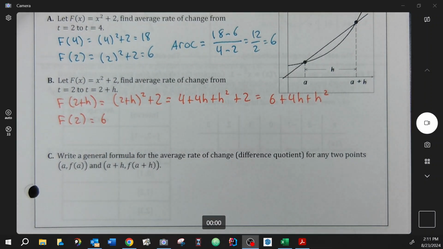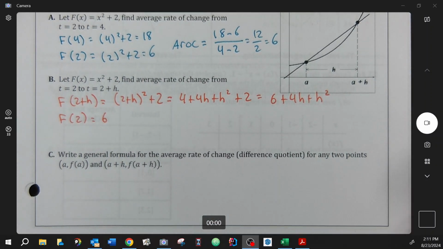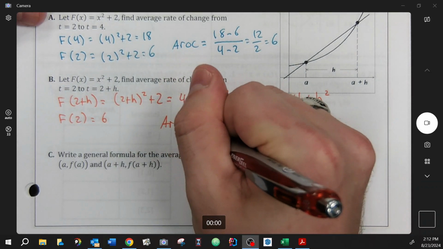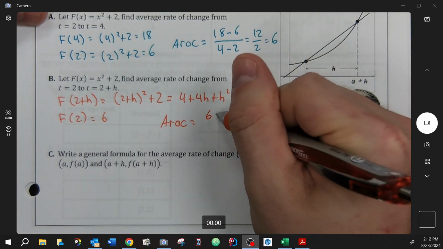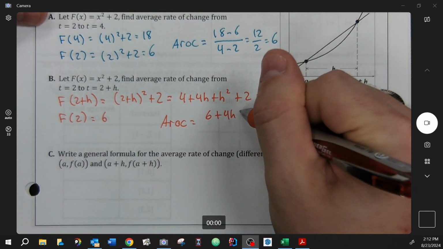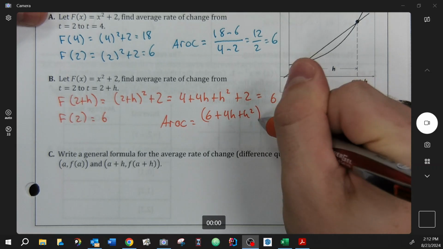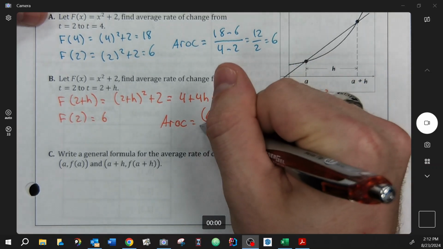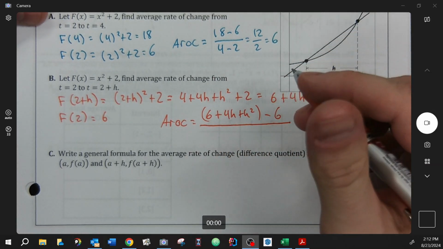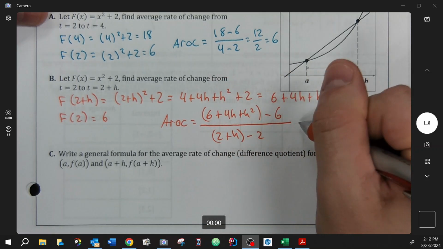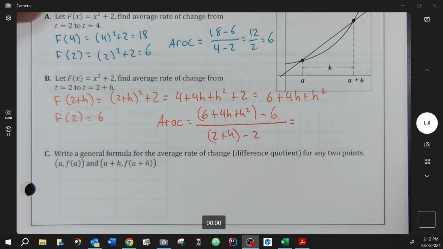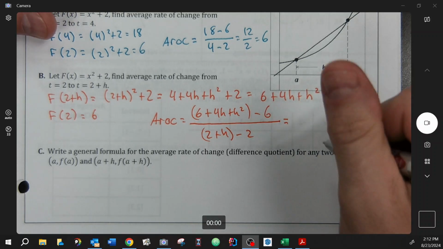Let's find our average rate of change now between a known x value and a generic bigger x value. y2 minus y1 over x2 minus x1. On top, the 6's cancel.